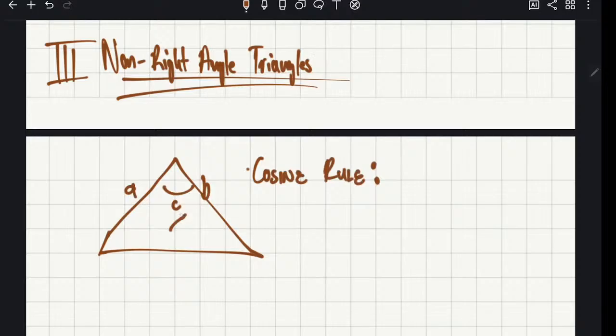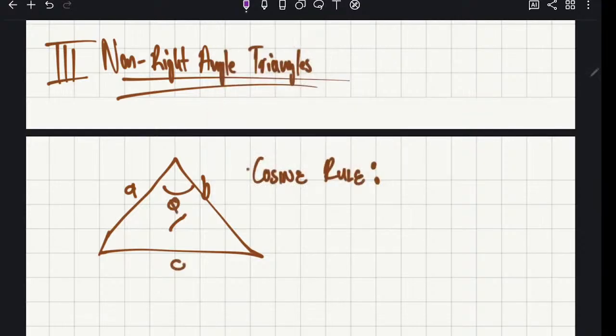Let's say this is theta and this is C. So here you say, this is what it says.